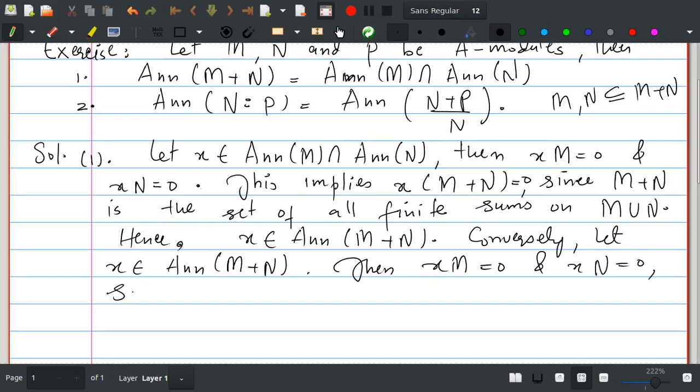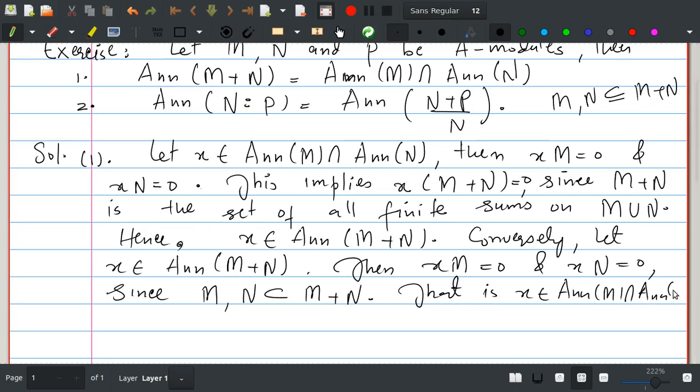The reason being, M and N are subsets of M plus N, so x inherits both M and N. This means x is an element of the intersection of these two annihilators.